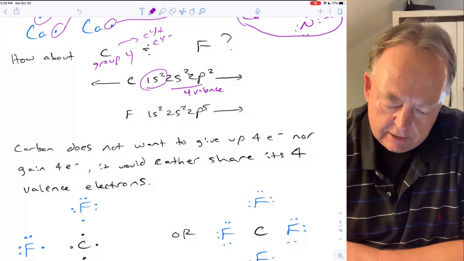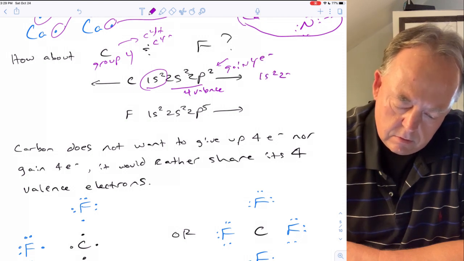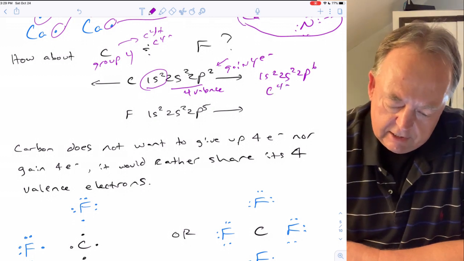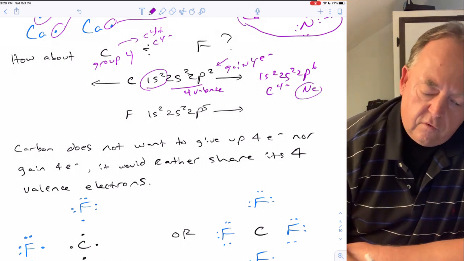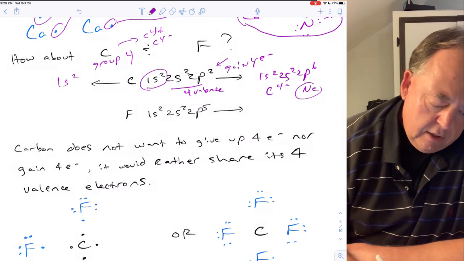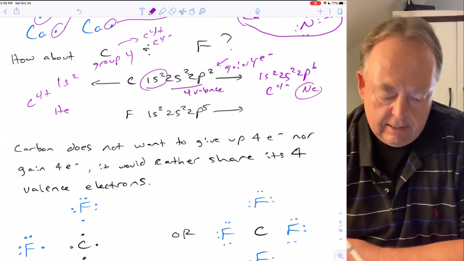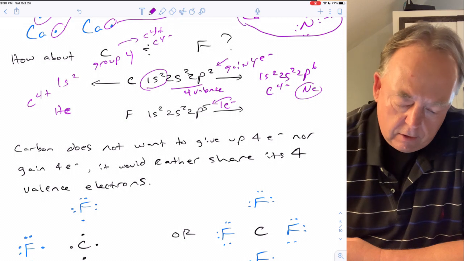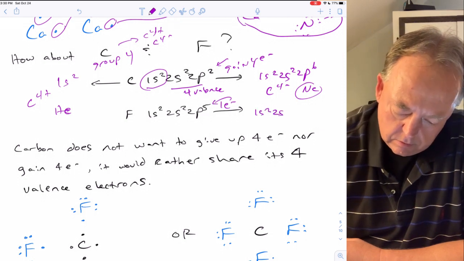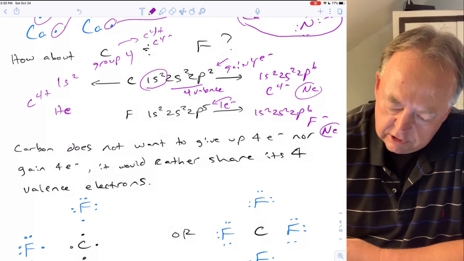So either it likes to gain 4 electrons here, so then it would be C4-, which is isoelectronic with neon, or it likes to lose those 4 valence electrons to become 1s2, and then it would be C4+, which is isoelectronic with helium. And fluorine, of course, just wants to gain 1 electron to become F-, which is isoelectronic with neon.